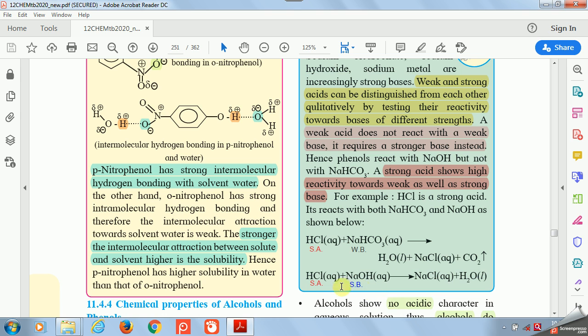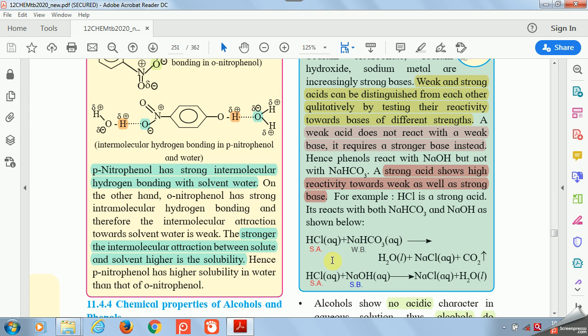And it can also react with a strong base such as NaOH. It will give NaCl plus water. So a strong acid can react with a strong base as well as a weak base, but a weak acid cannot react with a weak base. It reacts only with a strong base. And from this you can easily identify the strength of that acid.